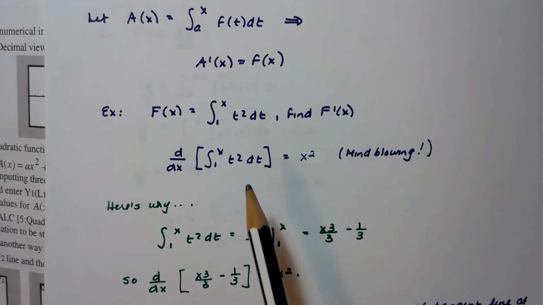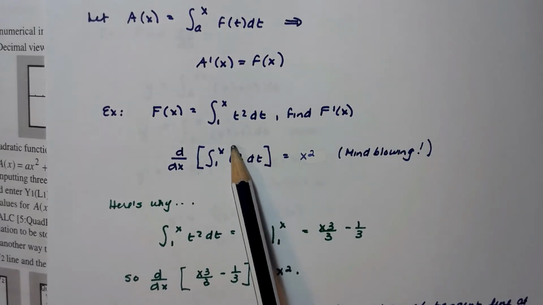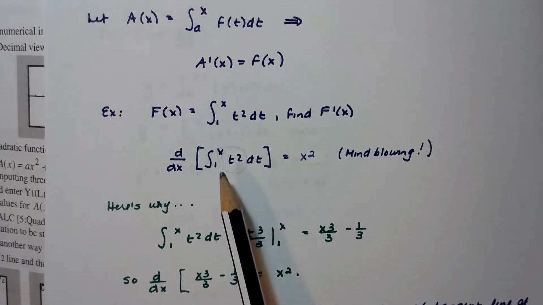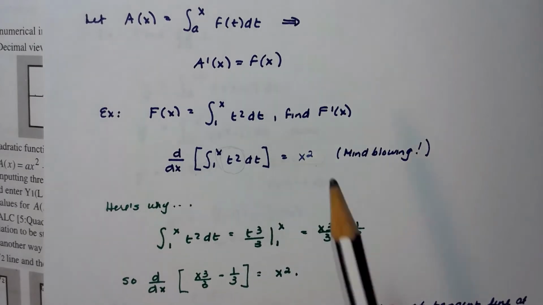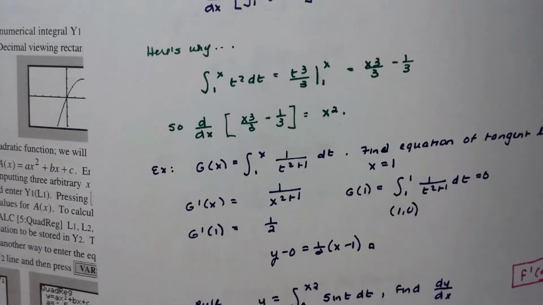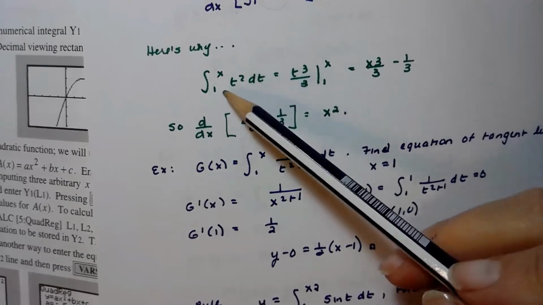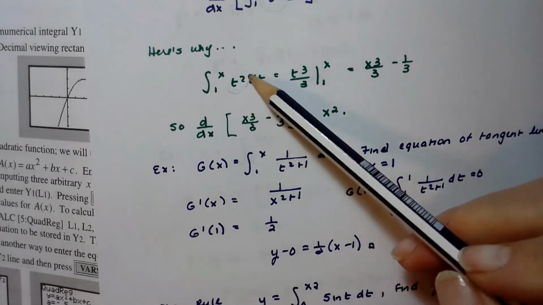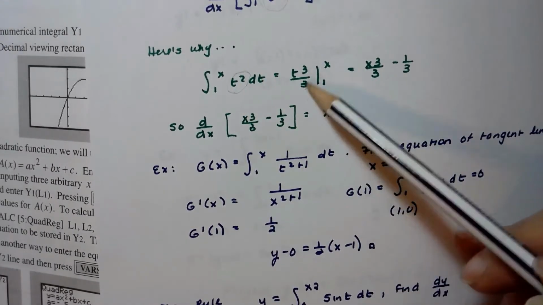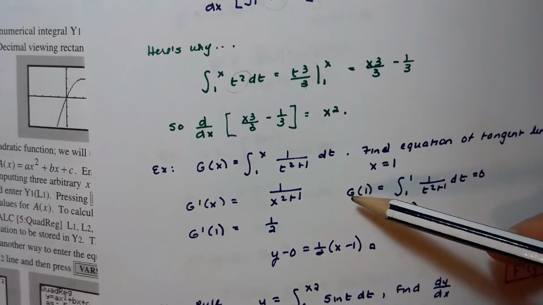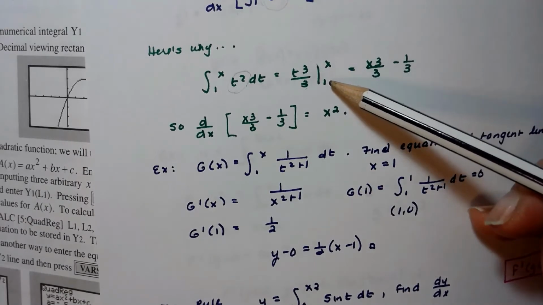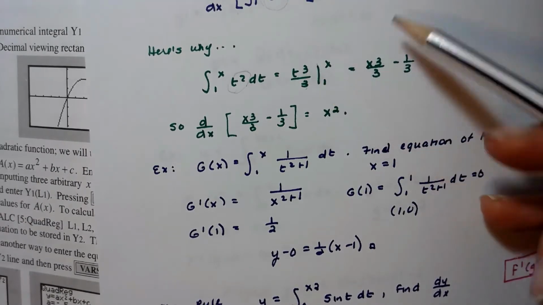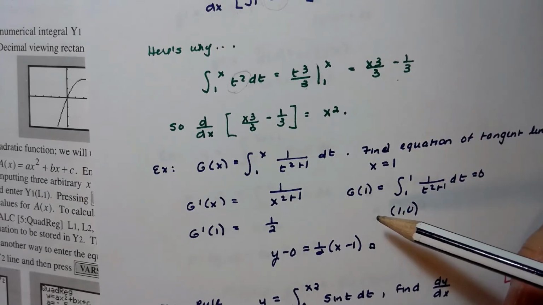Whatever is in here, you're going to get x squared. Here's the reason why. If I integrate t squared from 1 to x, this is a simple integration, I get t cubed over 3, and then I have to evaluate it from 1 to x. When I use the fundamental theorem and plug in the upper bound and the lower bound, I get this function right here.